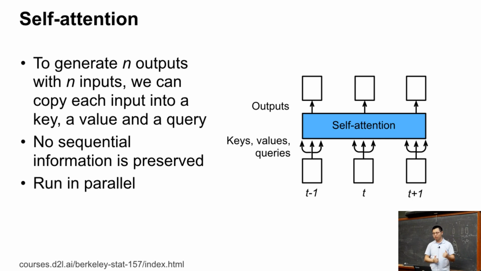We can compute time t independent of t minus 1 because all the input is already there. So that's the advantage. Even though the attention layer has the same complexity cost as the RNN layer, it usually runs faster because it's easy to run in parallel. This is the major reason people want to use the attention layer to replace the RNN layer.